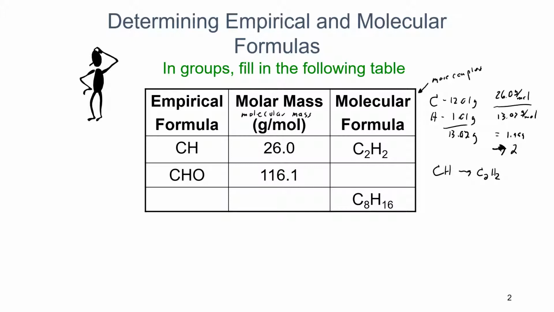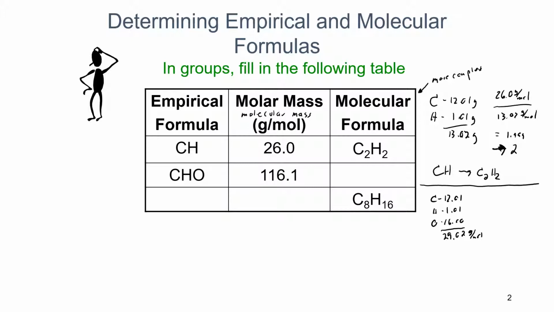Okay, so for the next problem, if we have 1 carbon, 1 hydrogen, 1 oxygen, we wind up getting 1 carbon at 12.01, 1 hydrogen at 1.01, and 1 oxygen at 16.00. We have 29.02 grams per mole.